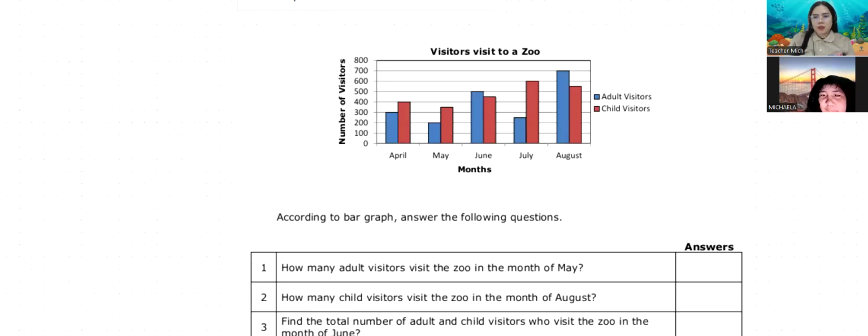Very good. How about the August? How many adult visitors are there? 700. How about child visitors? 650. That's between 500 and 600. What number is between 500 and 600, anak? 550. Very good.